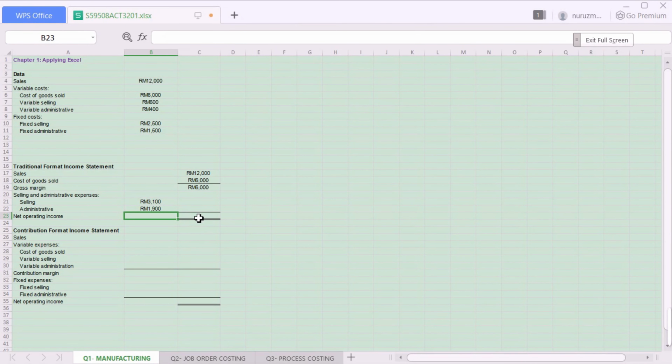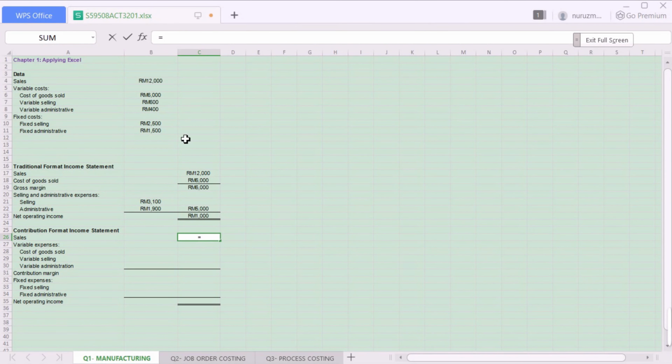Total selling and administrative is 3,100 plus 1,900 equals 5,000, and the net income is gross margin minus selling and administrative expense, equal to 1,000.